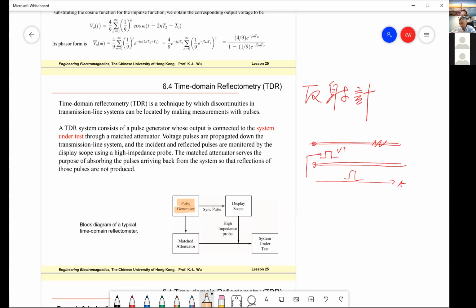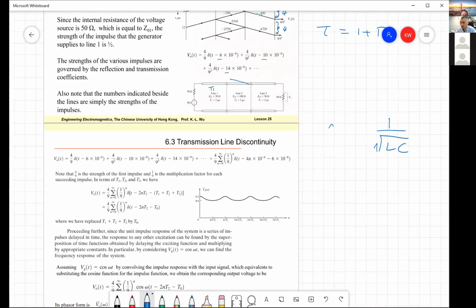This pulse generator launches into the system under test. But what does this mean? Matched attenuator. This function is pretty much similar to this.